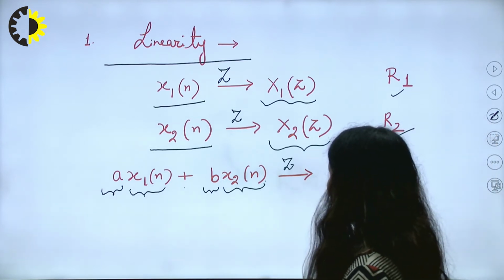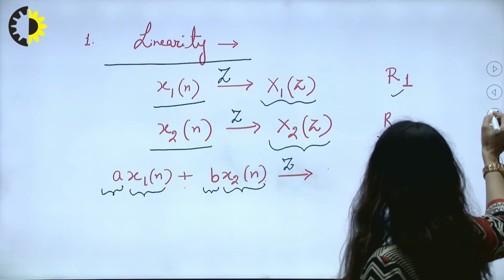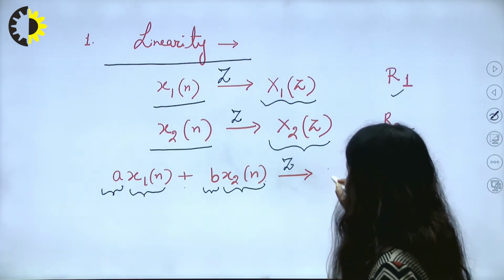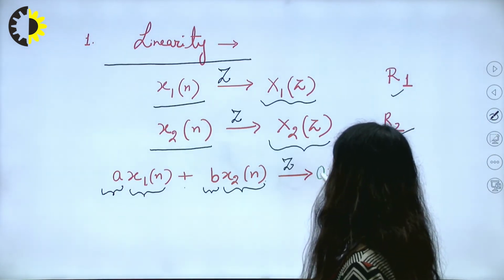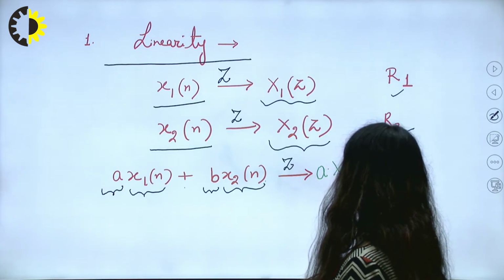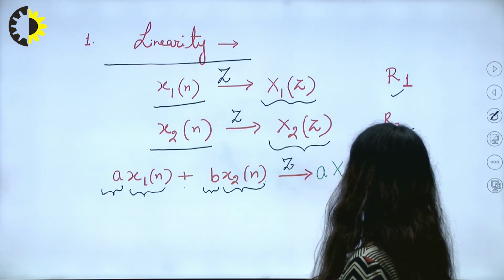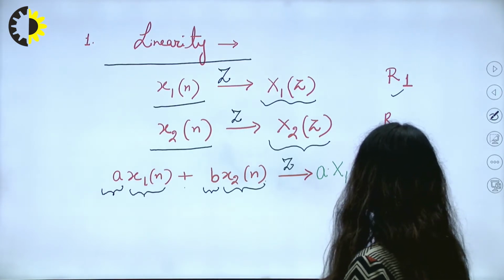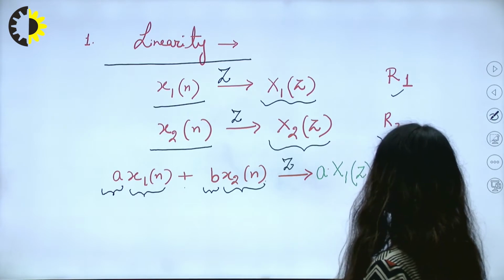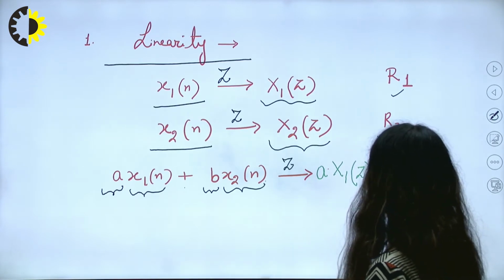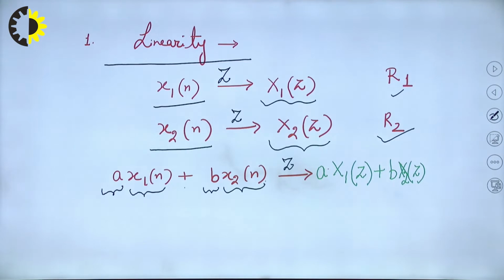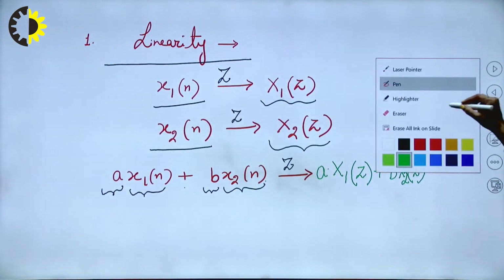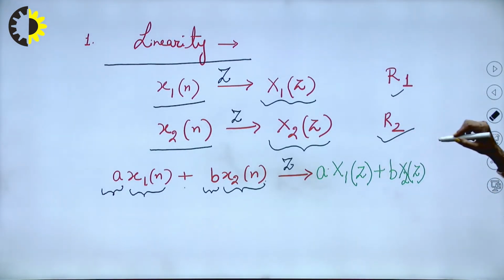We can write by the property directly that it should be a·X1(z) plus b·X2(z).